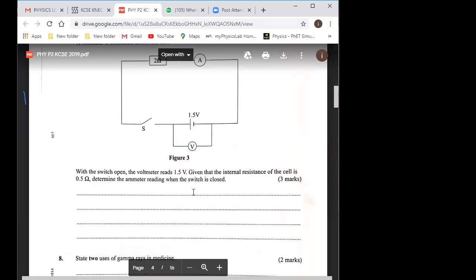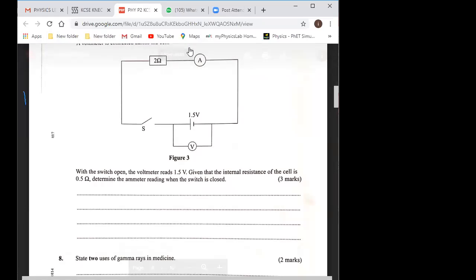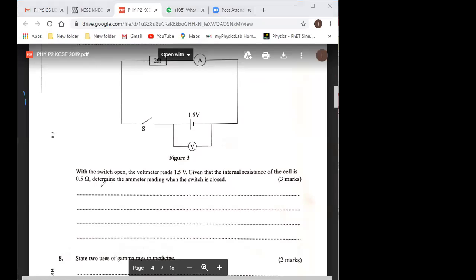We want to determine the ammeter reading when the switch is closed. In this case, we know the formula E is equal to I capital R, the external resistance, plus I small r.